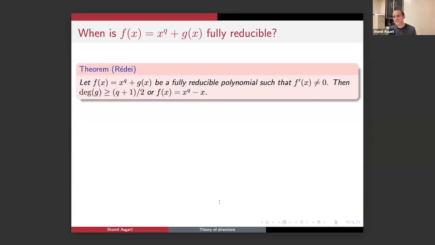Here is one theorem that is really straightforward to present with complete details. It's a really beautiful proof that gives some constraints on what the fully reducible polynomials look like.